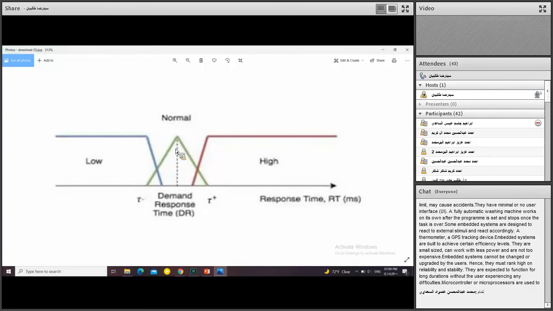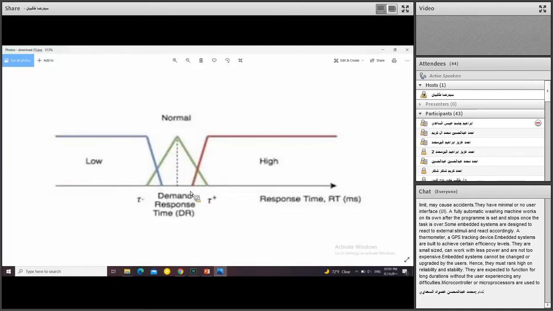In demand response time, we have a decrease here and an increase here and then a decrease here. If we have the decrease before the demand response time, we have a low system.